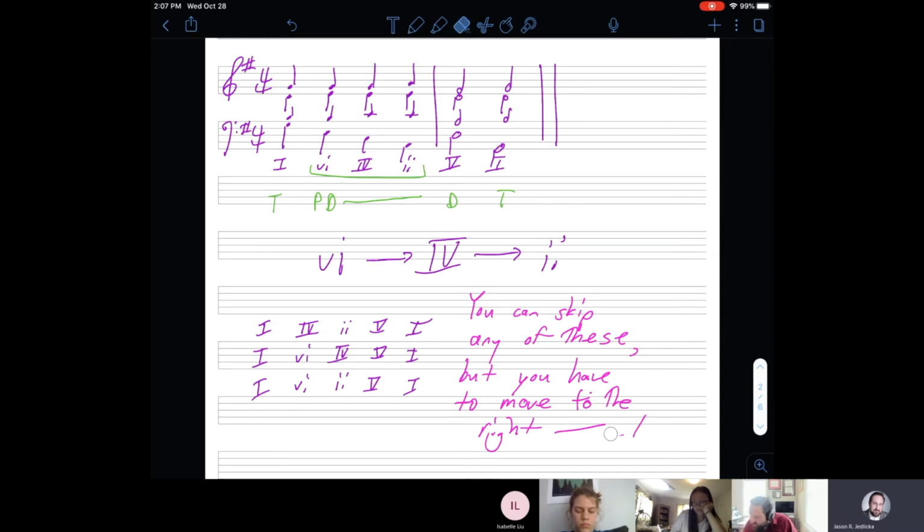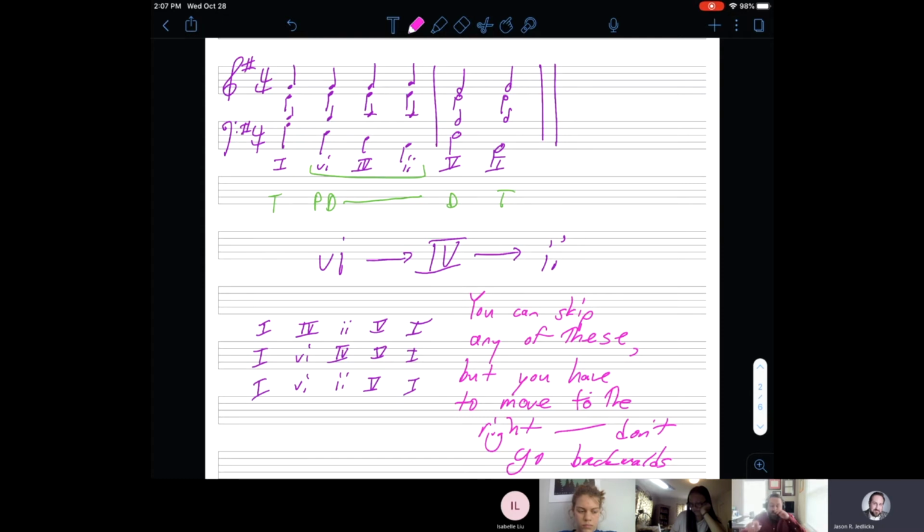In other words, don't go backwards, because that doesn't make sense. So if you start at 4, and you want to include another predominant, it has to be 2, because that's going right. You don't want to go 4 back to 6. That doesn't make sense.